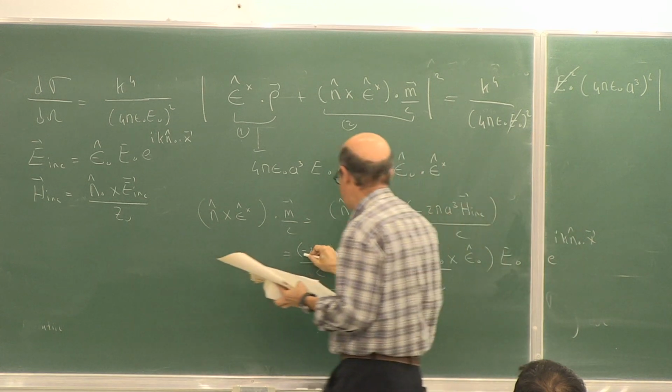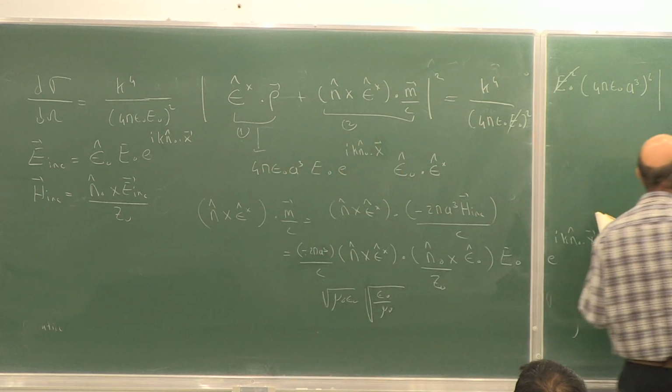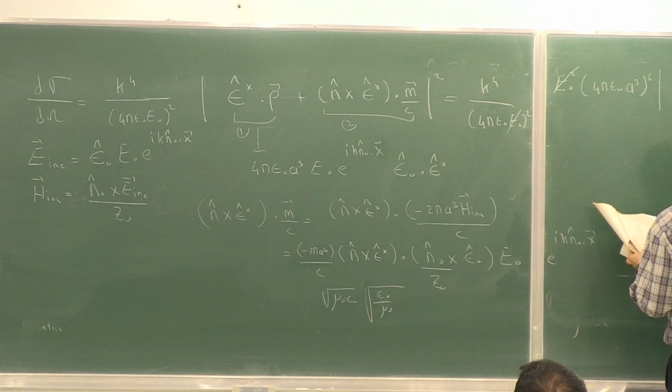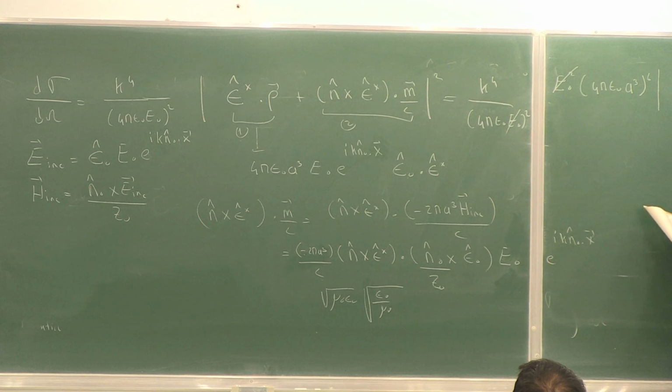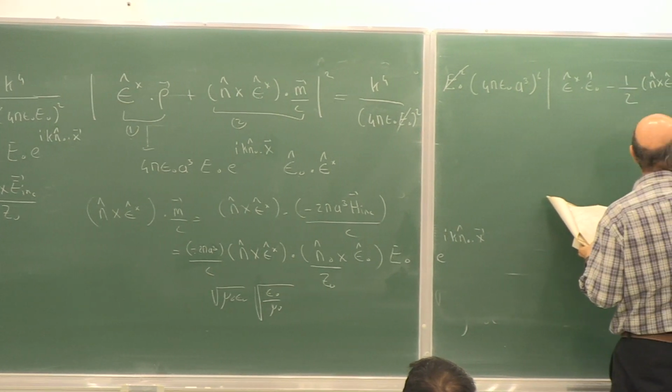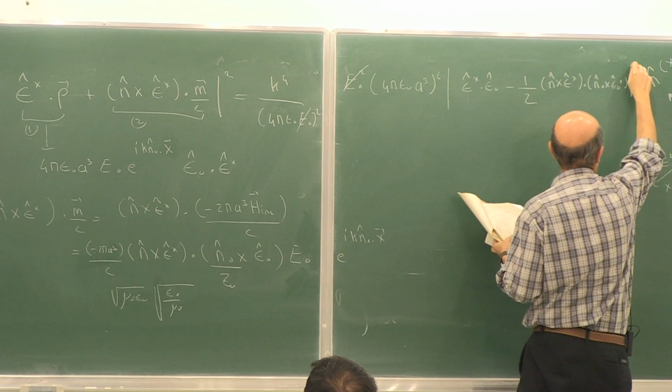With a minus sign, that will be minus, and the difference will be with a factor of 2, minus 1 over 2 n cross epsilon complex conjugate dot n0 cross epsilon 0 complex conjugate. Take the square of this.